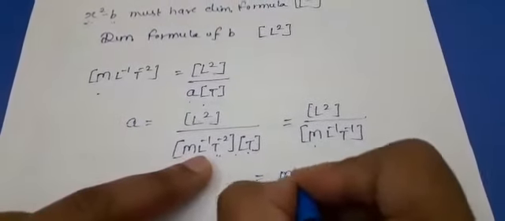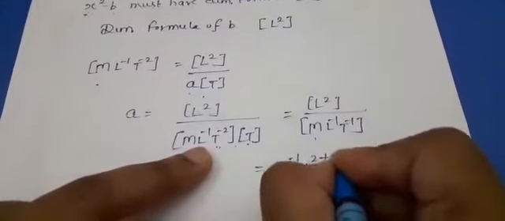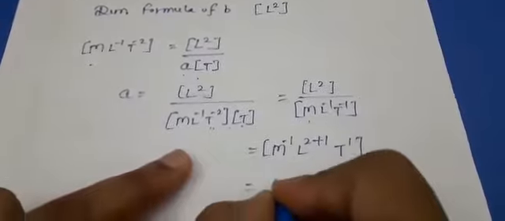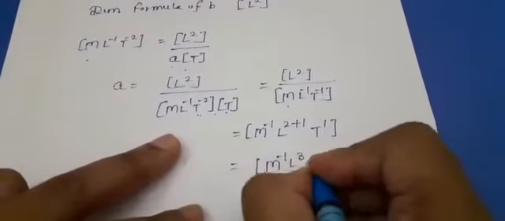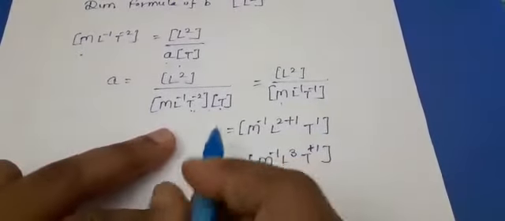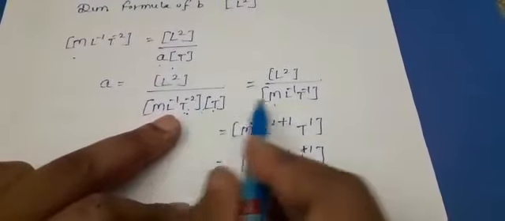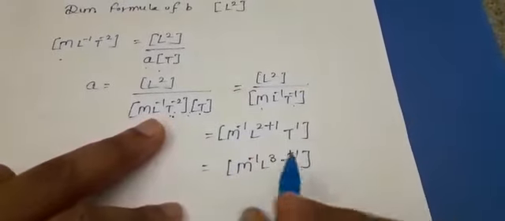So it will be M raised to the power minus 1, L raised to the power 2 minus minus plus 1, T raised to the power 1. So it comes out to be M minus 1, L3, T plus 1. Because here it is T raised to the power minus 1, so when it is coming in the numerator, it will be plus 1.